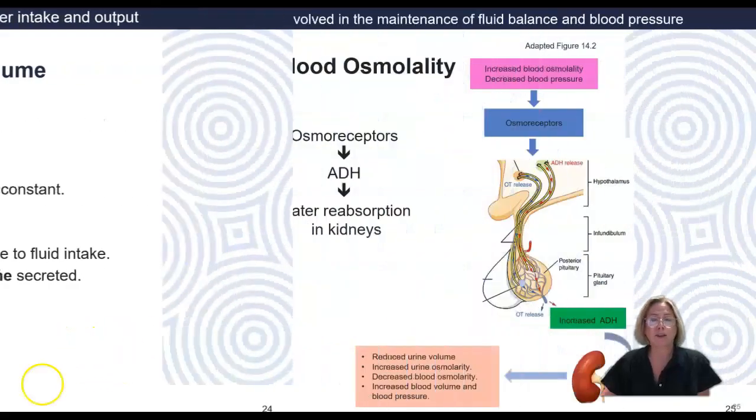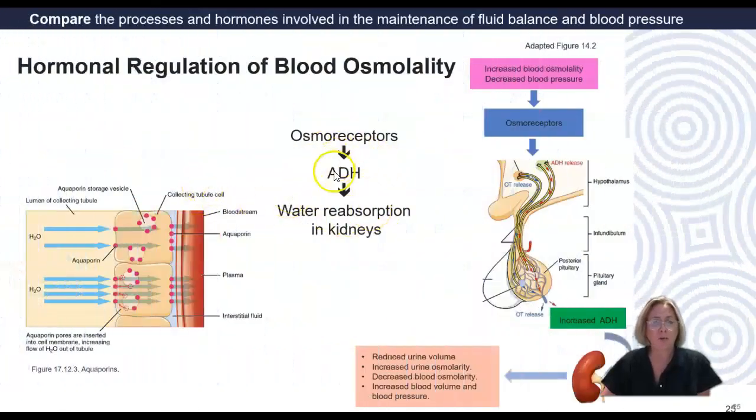So everybody should be very familiar with antidiuretic hormone and it causing water reabsorption in the kidneys.